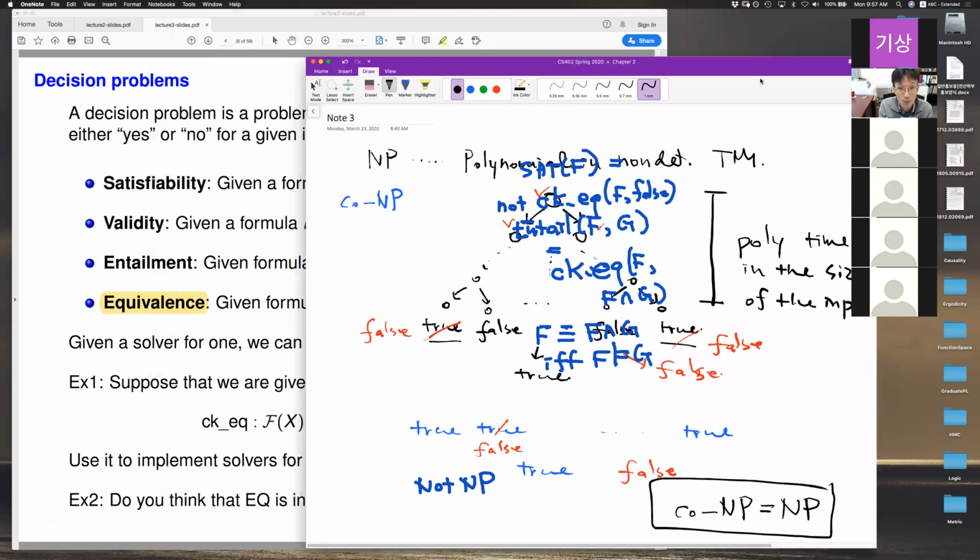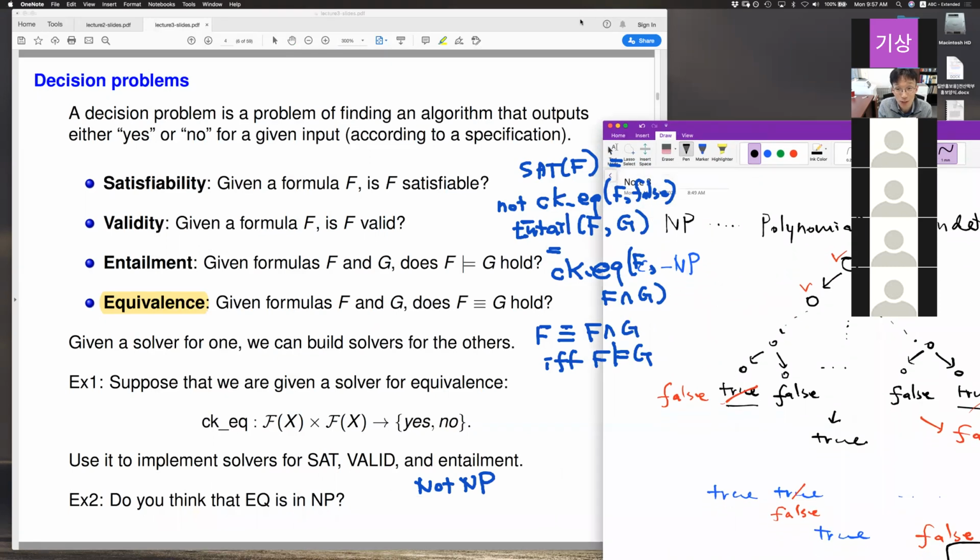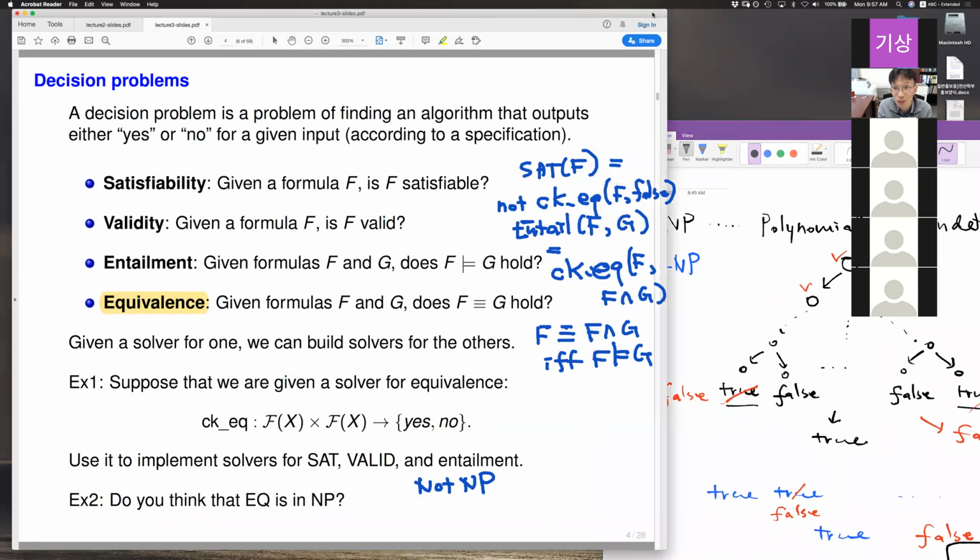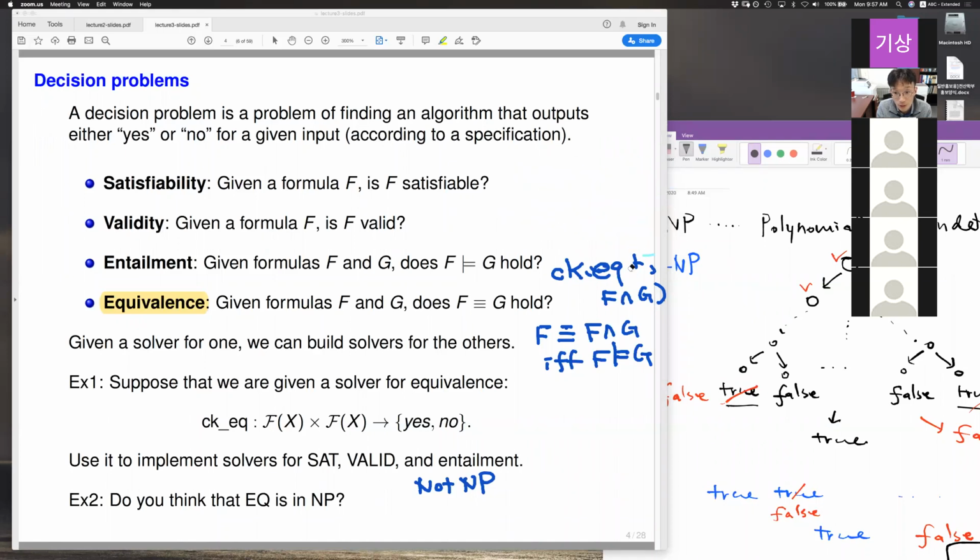It's all mixed up, so let me just erase this first.